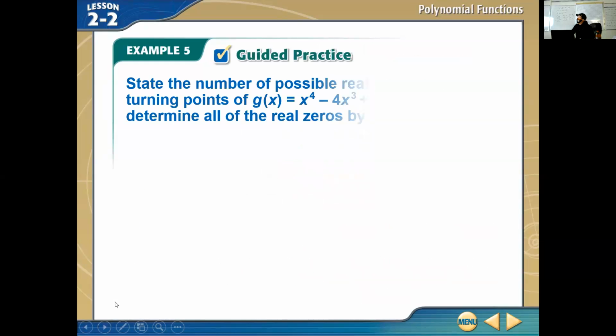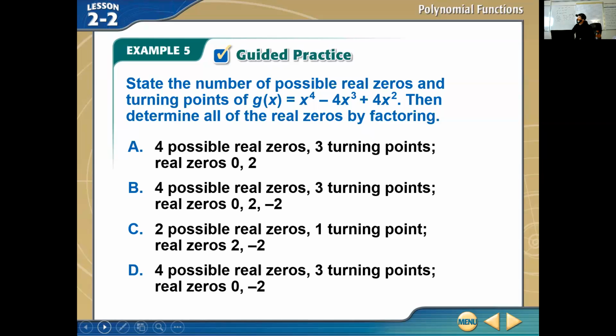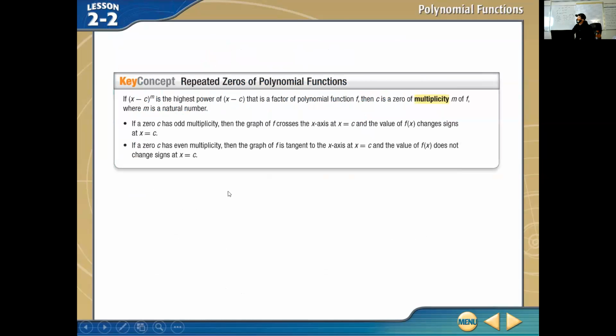Also could be defined as multiplicity of zeros, which is what we were talking about right here. So, if x minus c to the m is the highest power of x minus c that is a factor of polynomial function f, then c is a zero of multiplicity m of f, where m is a natural number.